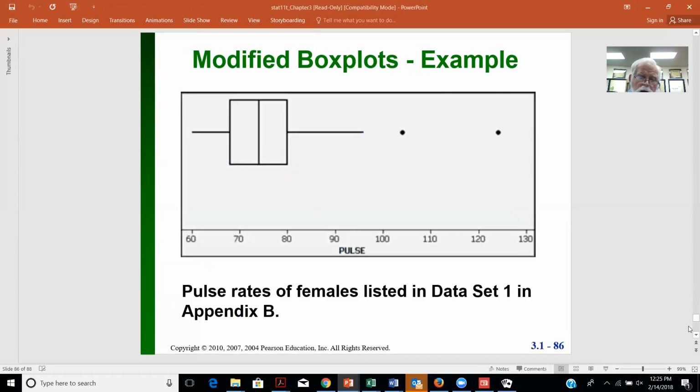Now we can modify the pulse rate data. Let's go back, and if we look at slide 86, we're looking now at a box plot of the female pulse rate data. Remember, there were 2 of them that were way out at 104 and 124. But if we look at the minimum, which was 60, the median was about 74, and we have our quartiles starting at about 68 to about 80. And then the rest of our data out to 96 or something like that.